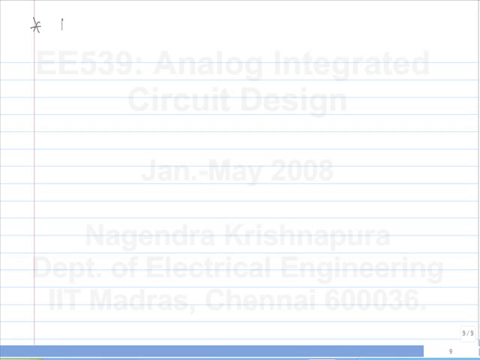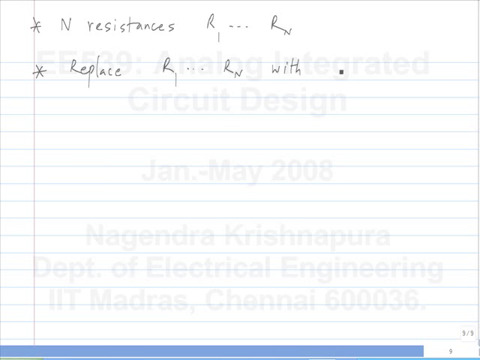So, if you have n resistances R1 to Rn, you replace R1 to Rn with noiseless resistors. Noiseless resistors only means that it follows the model that we have been using all along, that V equal to IR, that's all, right?